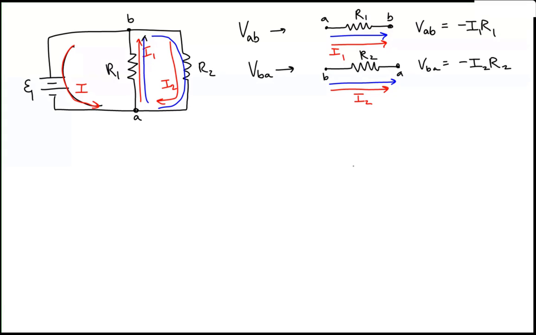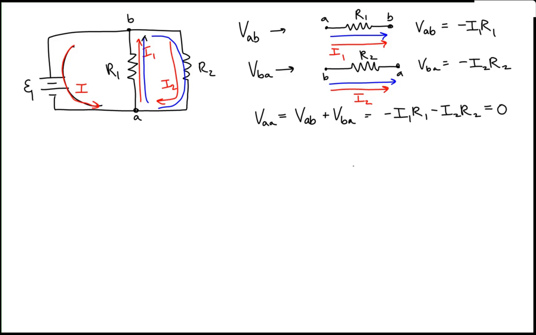So this means that the potential difference from A back to A is the potential difference from A to B plus the potential difference from B to A, which is minus I1 R1 minus I2 R2, equal to 0.